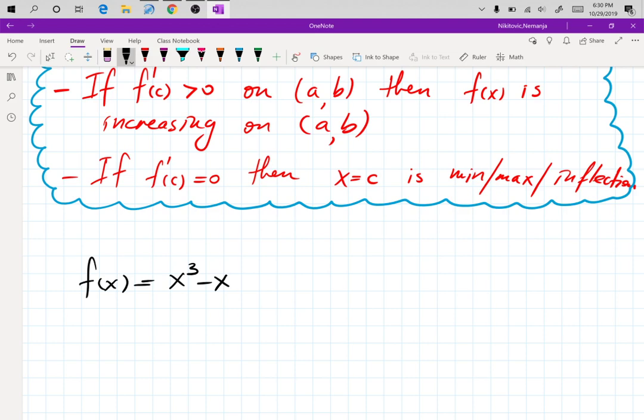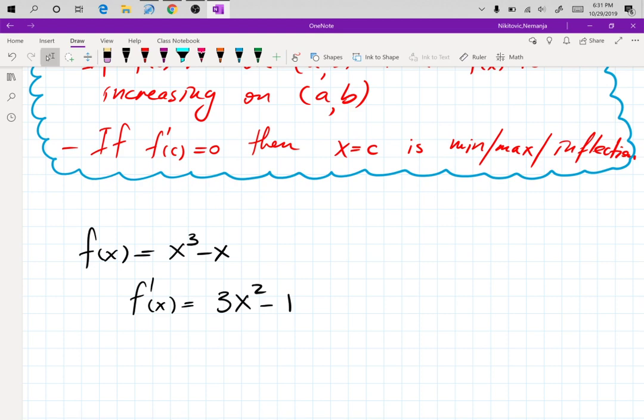In order for us to do the first derivative test, we first have to get the first derivative. So f prime of x is equal to 3x squared. Yeah, please pay attention. Thank you. 3x squared minus 1.